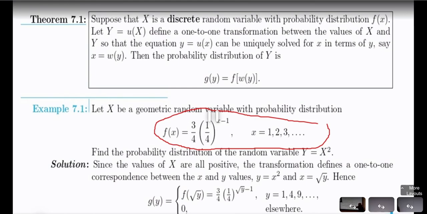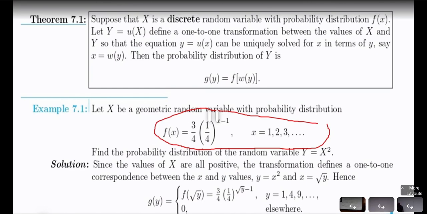Now, we want to find the probability distribution of a random variable Y, which is equal to X squared. And don't forget, X follows a geometric distribution. So if X follows a geometric distribution, when I transform X, the new distribution is not likely going to be a geometric. It's going to be something else. And that's what we want to do now.